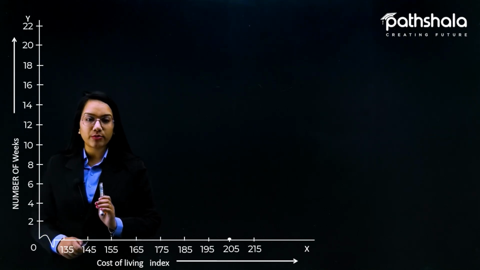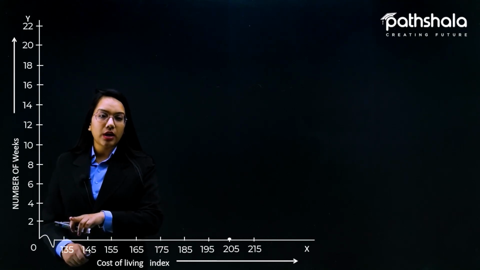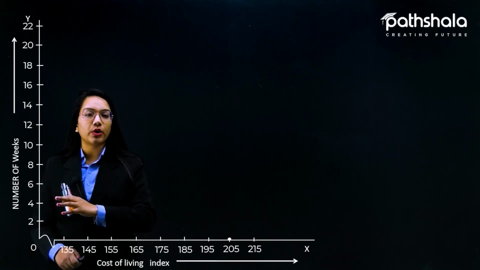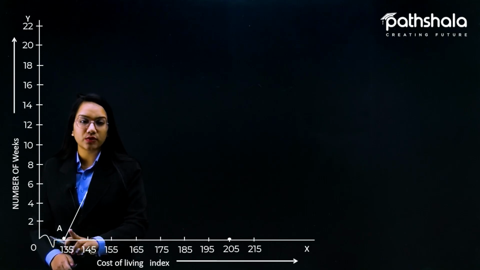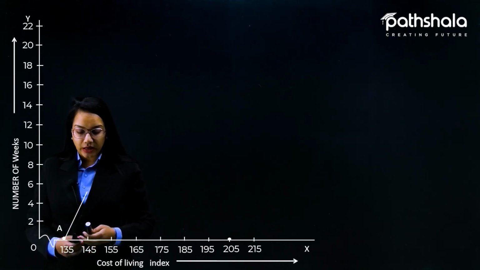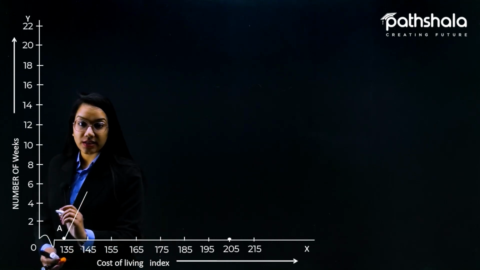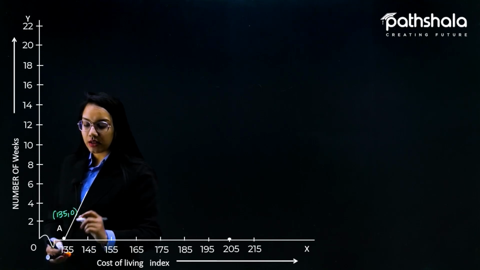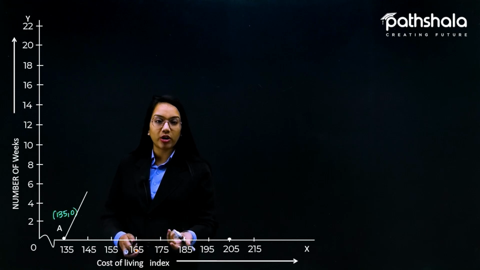Now let us suppose I'm plotting the points as class mark comma frequency. Since we do not know the frequency of the previous class, we are taking it as 0. So the very first point should start from this, which represents the coordinates 135, 0. So A is 135, 0. Here 135 is the class mark and 0 is its corresponding frequency.